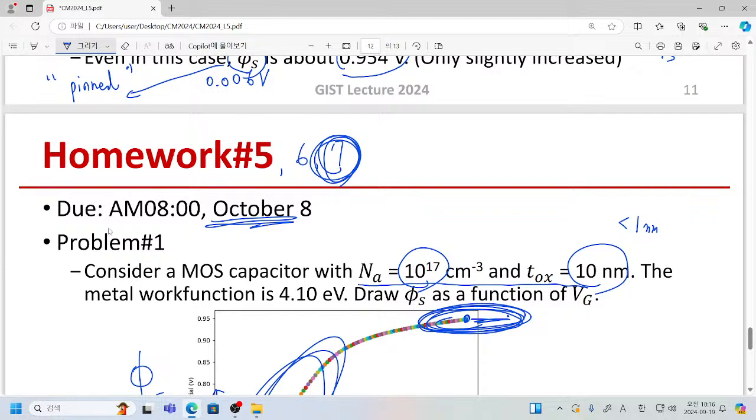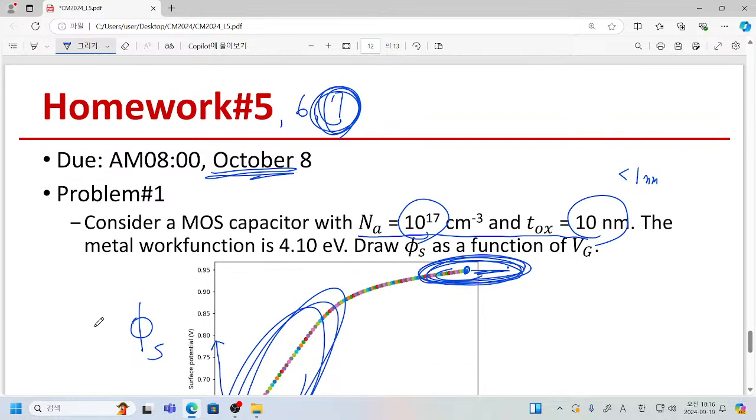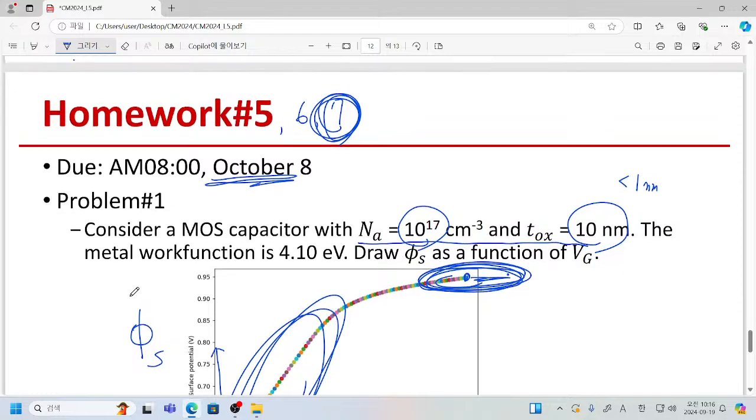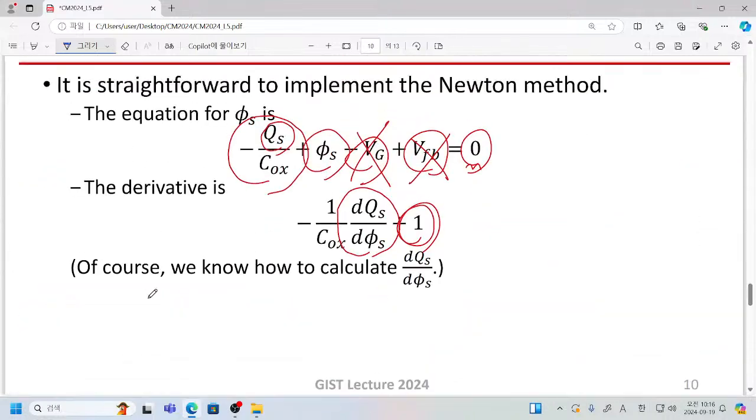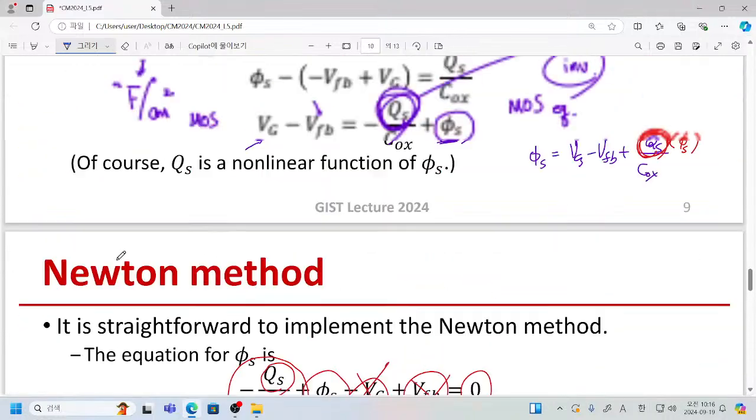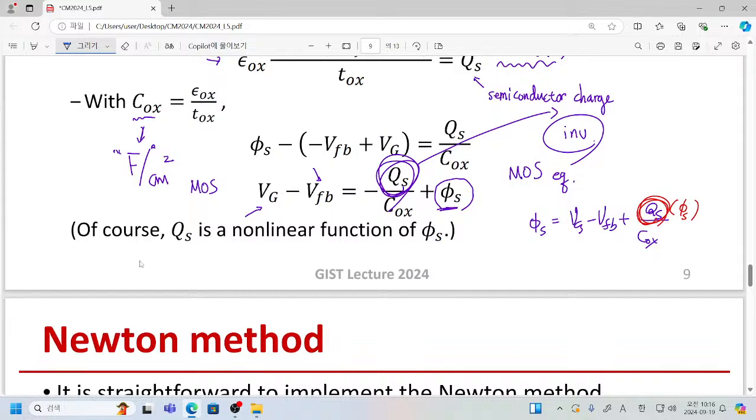The main content of homework number 7 is exactly the same as this homework number 5. However, today we have done homework number 5 by solving just the MOS equation. This MOS equation is regarded as an equation for surface potential.